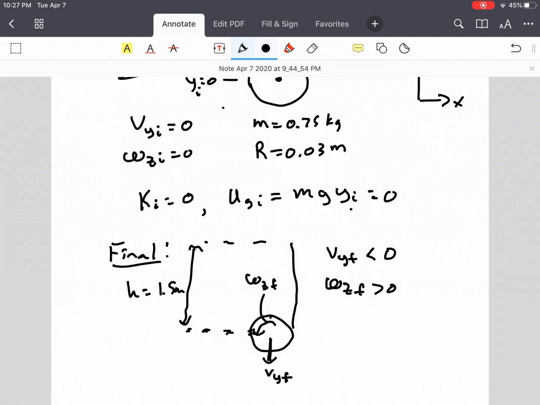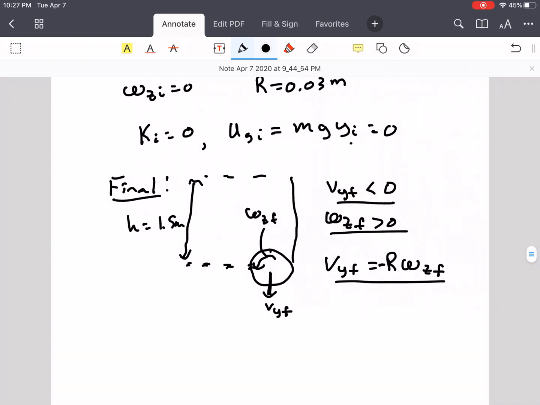So we know that V is equal to R times omega up to a sign. And now, because these guys have opposite signs, we see that Vy final is equal to negative R times omega z final. So get that sign right, and you'll be a much happier camper. Rightio. So that is rolling without slipping. They're tied together. We've also used the fact that energy is conserved. So now let's go ahead and solve for the energy.